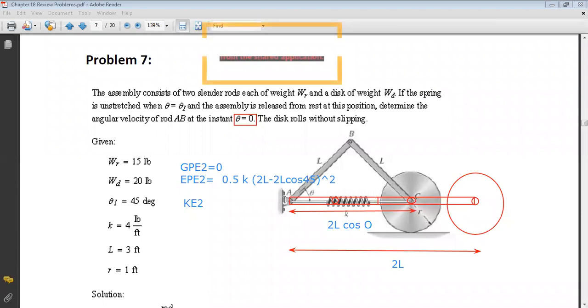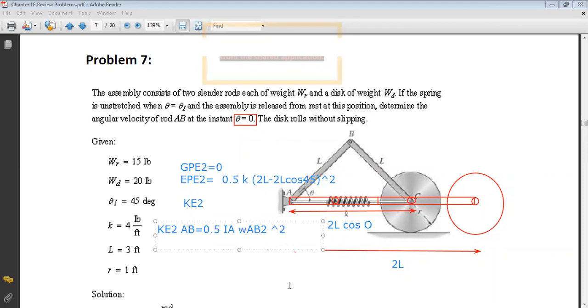AB is doing rotation about A. So for AB, it's very simple. I can write that the kinetic energy at state 2 of AB is simply equal to half inertia about A times omega AB at state 2 squared. So until now, my unknown is omega AB.